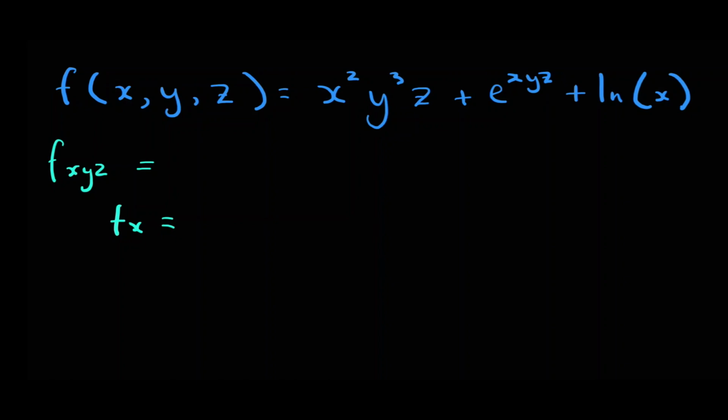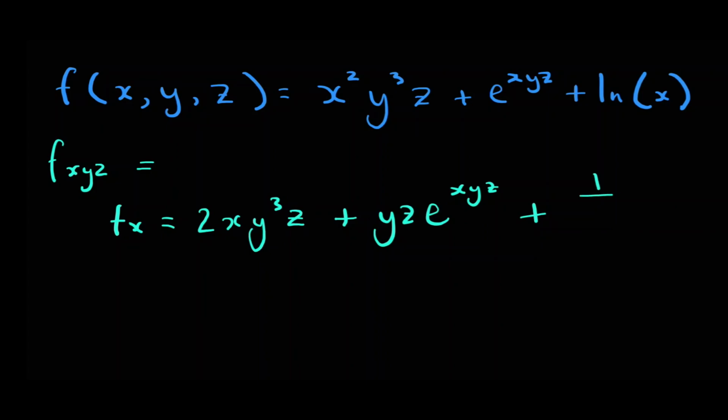So for the first term, the x squared is going to become 2x, and then we can just write in the y cubed z. For the next term, differentiating e to the power of x, y, z with respect to x gives yz e to the power of x, y, z. And the derivative of the natural log of x is just 1 over x.